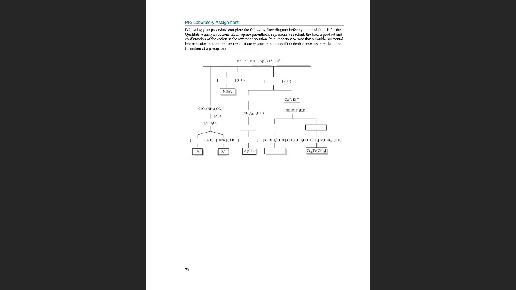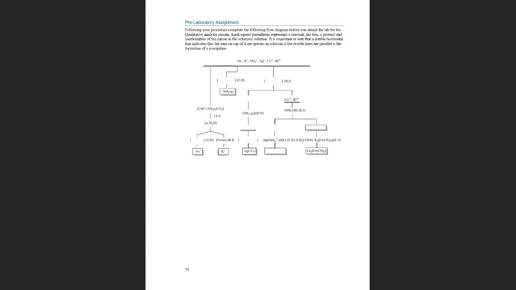In theory, you are supposed to read all the procedure and then be able to fill this. I just want to go over it as a summary before we start the practice problems.